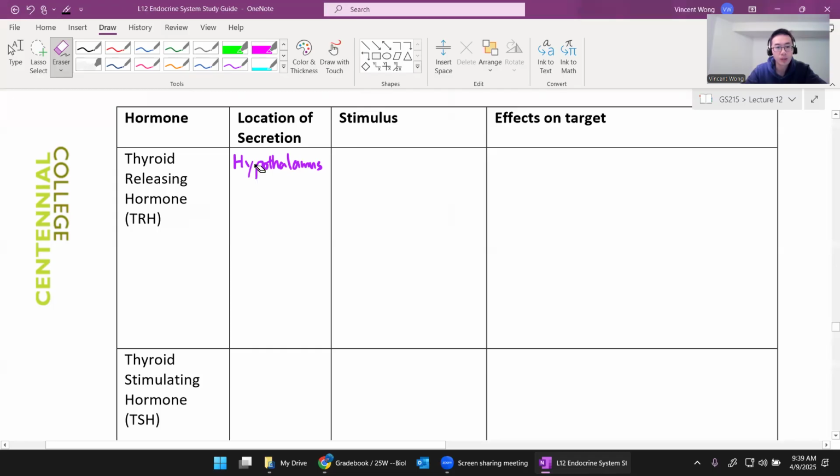What triggers the release of TRH? Well, you have to think back the whole pathway. Why do we need to turn this thing on to begin with? It's because you have low metabolism or low T3, T4.